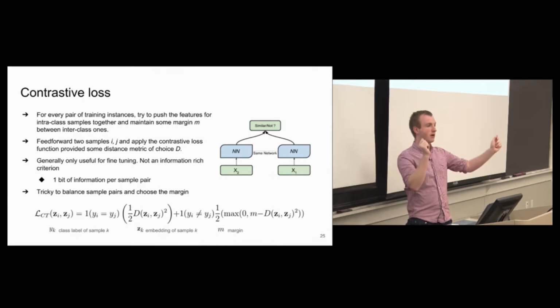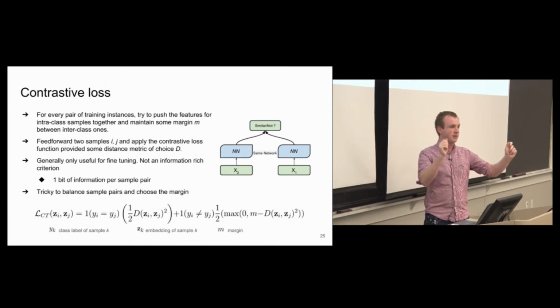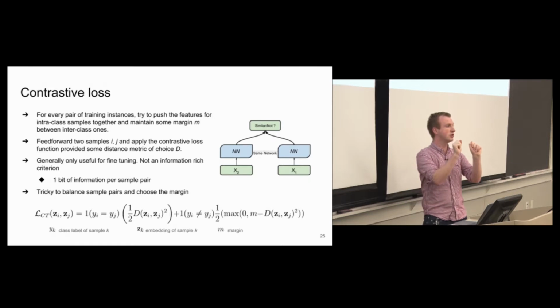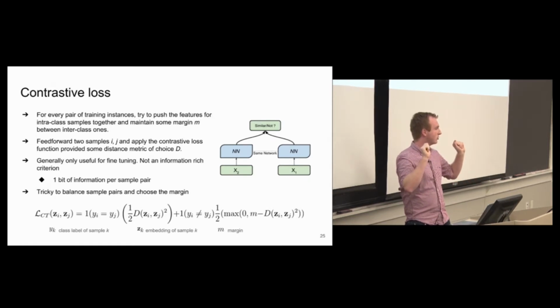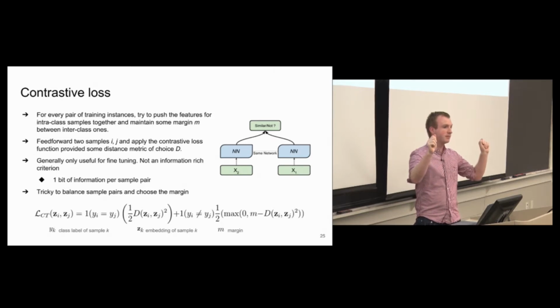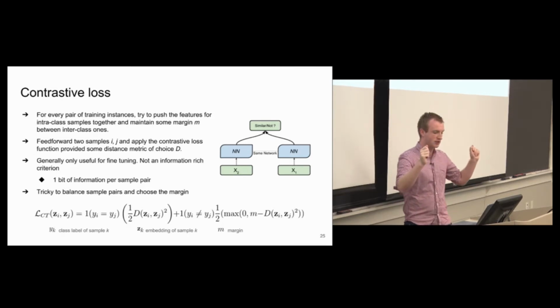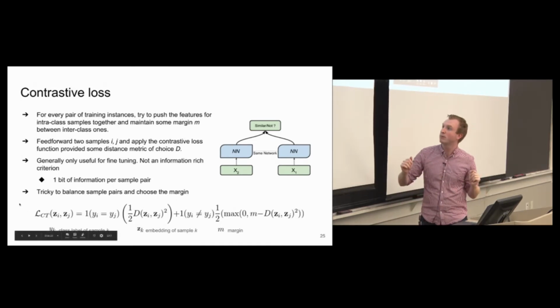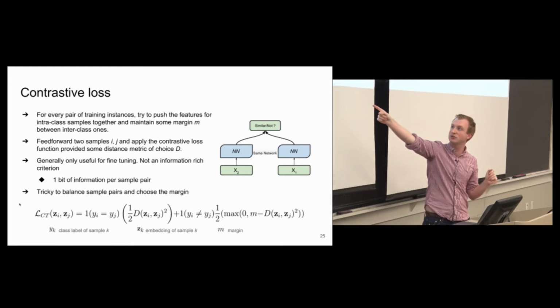The idea of the margin here is that if two samples of different classes have a distance less than this margin, we want to penalize that. But if their distance is greater than M, then we don't penalize it in this objective. You can see in this objective, it looks really fancy, but all it's saying is that if the class labels are the same, minimize the squared distance.